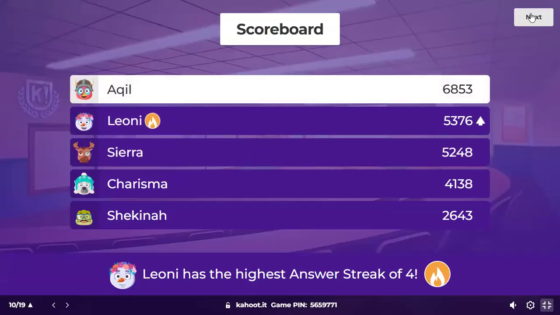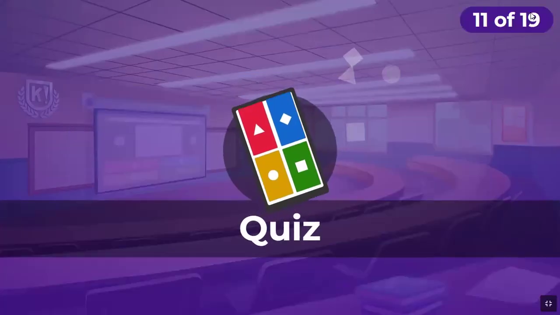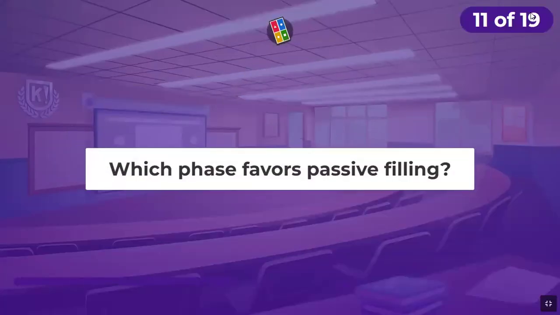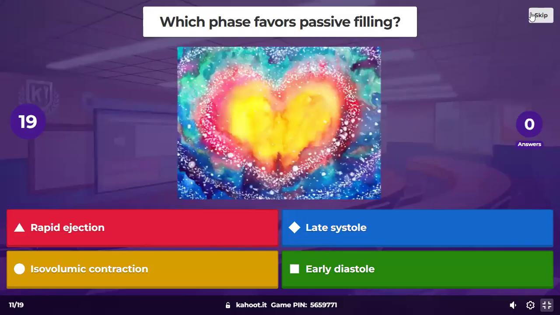Very good, guys. Oh, wow. Number 11. Which phase favors passive filling? Rapid ejection, late systole, isovolumic contraction, or early diastole.